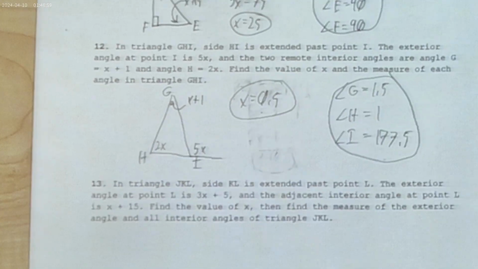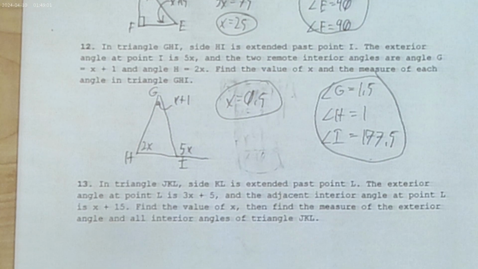I puzzled around about this. I actually took a break, walked around, went to a dry erase board, tried to figure out a way to incorporate 180 to try to scale this up. I even did a bunch of guess and check, did an Excel spreadsheet, and I said, is there a way that with this kind of a ratio, I could boost this up and make this into 180?